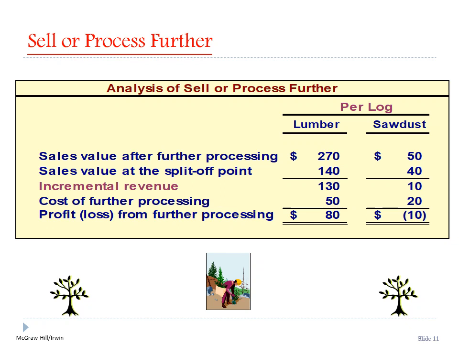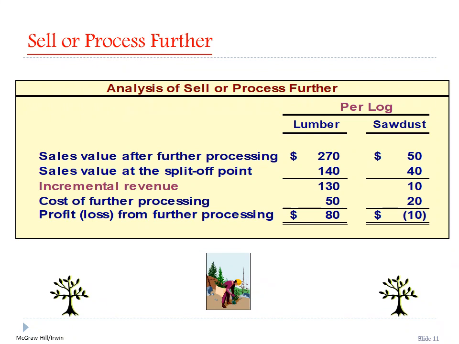So the cost of further processing equal $50 for lumber and $20 for sawdust. When we are comparing the incremental cost with the incremental revenue, we will arrive at two amounts. One amount for lumber, which equal $80. This is the profit from further processing.